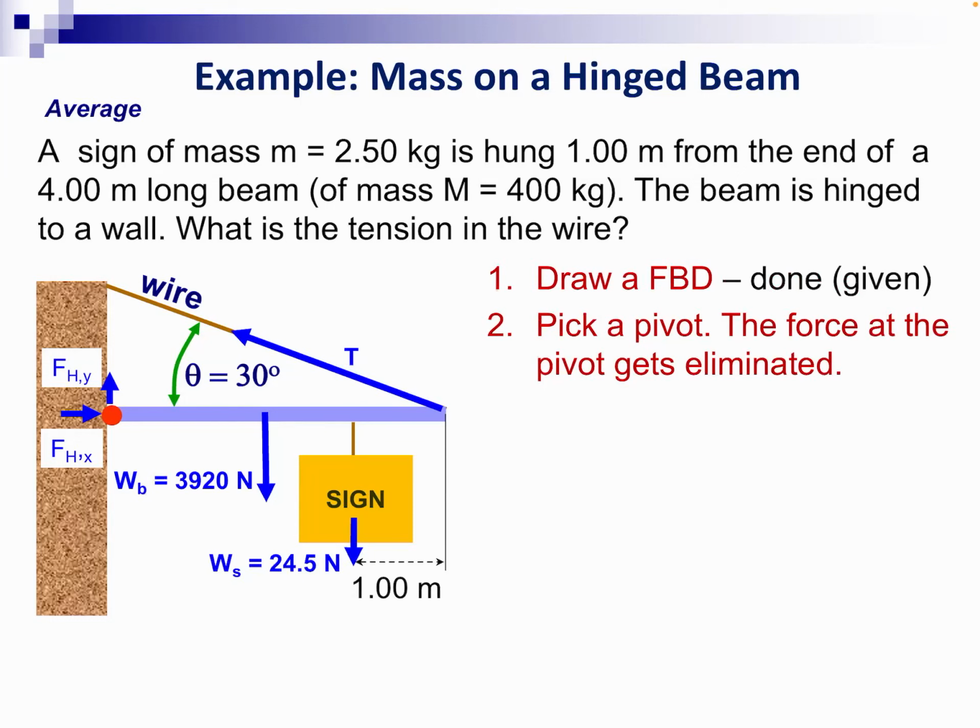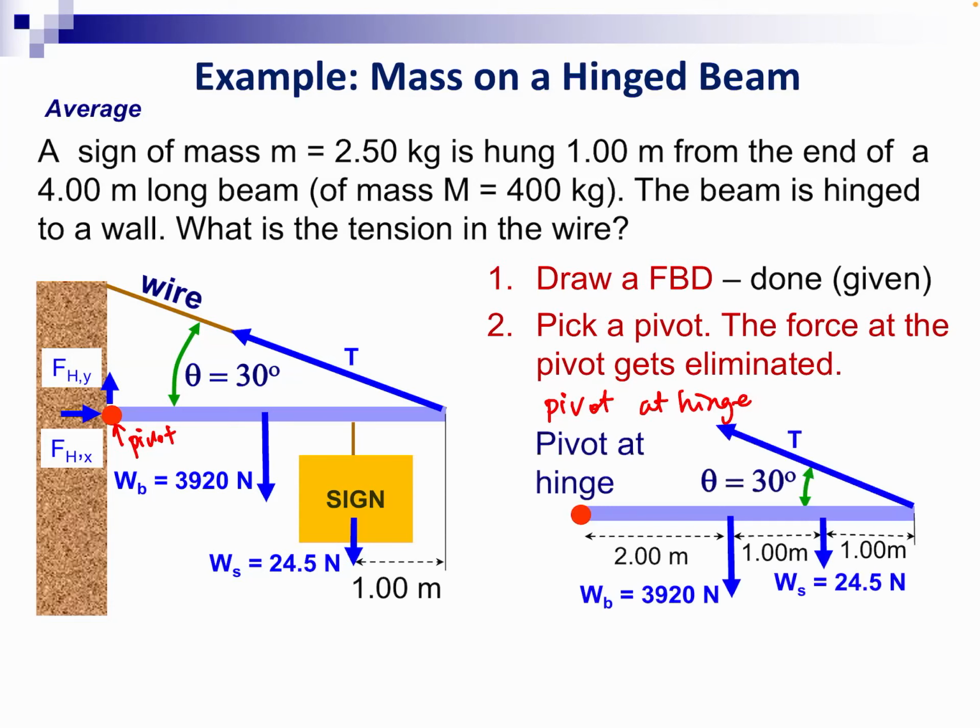Right, so putting the pivot at the hinge eliminates the forces on the hinge. And if you want to redraw your free body diagram so that it's cleaner, I've redrawn the free body diagram here. You have the beam, and then you have the tension force at an angle of 30 degrees relative to the beam.